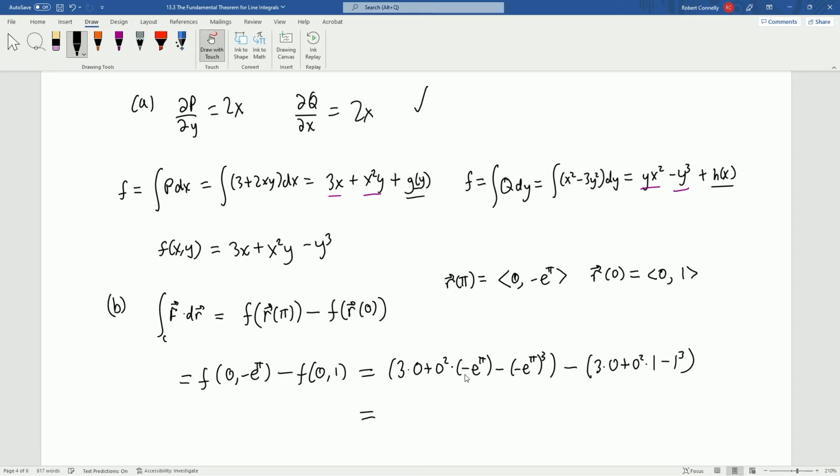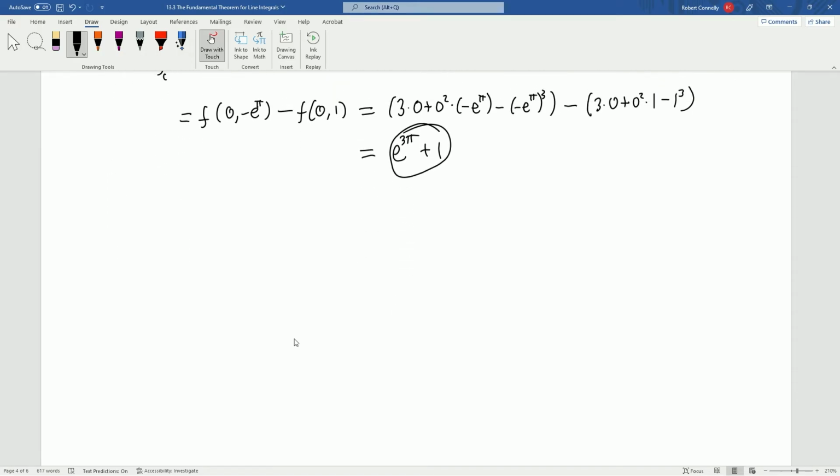That's 0 plus 0 minus a negative e to the 3 pi, but that becomes a positive e to the 3 pi. And this is minus negative 1, which is plus 1. All right, that's it for that question. So let's go ahead and move on.